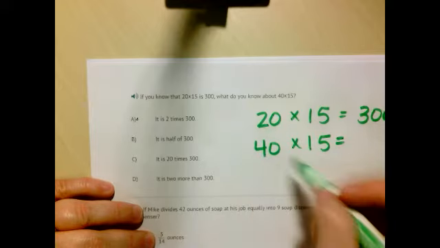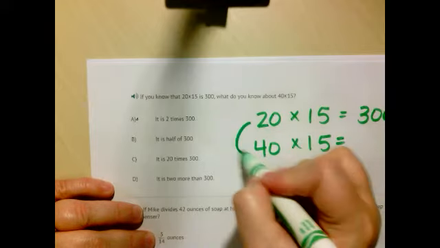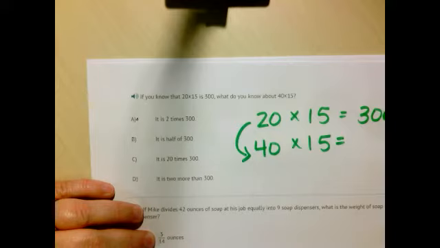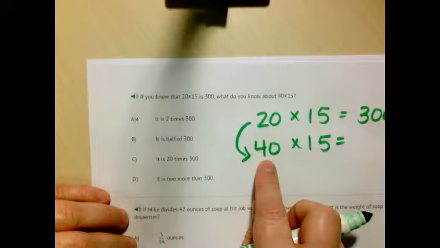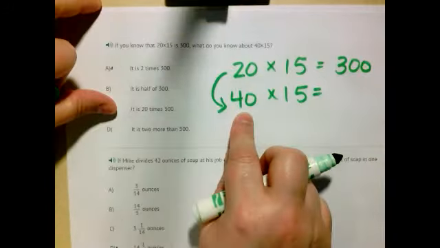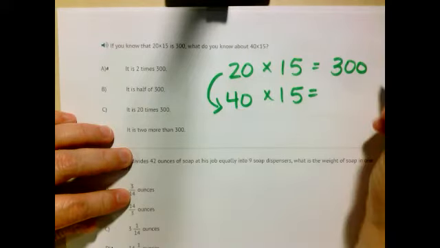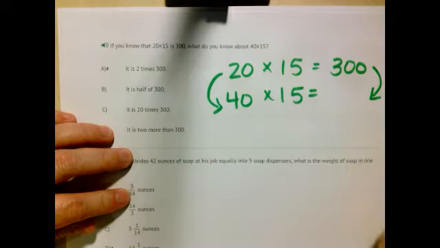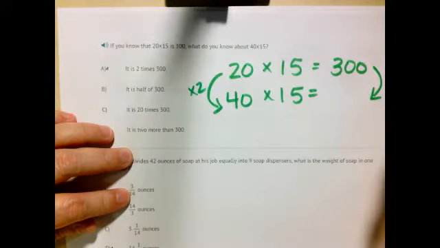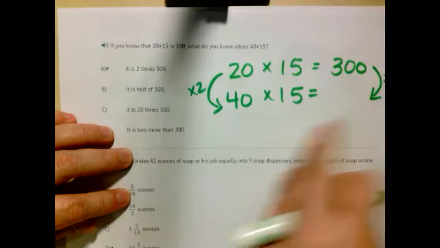Well, the only thing that changed in these problems is I went from 20 to 40, so I doubled. So if I doubled this, then my answer is also going to double. So I could write times 2 here. So my answer would double as well.